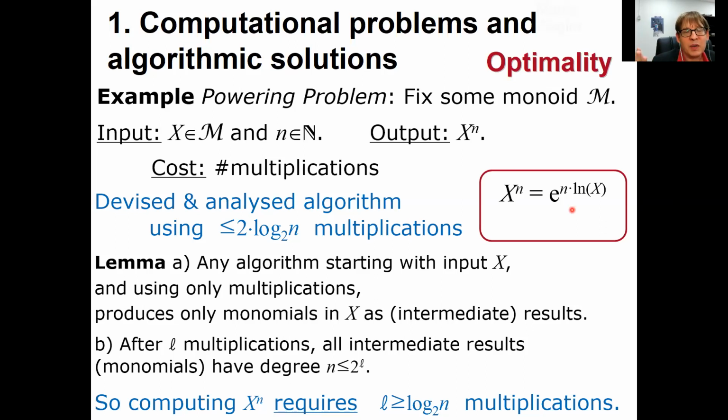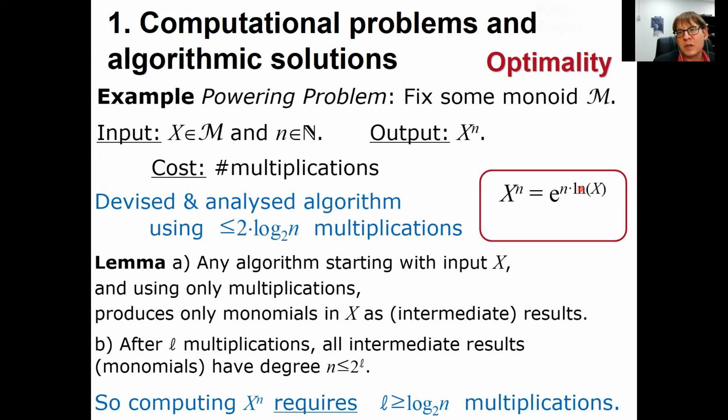If we are also allowed to use the exponential function or the logarithm in our algorithm design, then there's an algorithm that also solves the empowering problem using a constant cost, not linear, not logarithmic, but constant, simply by using this well-known equation from basic calculus, right?